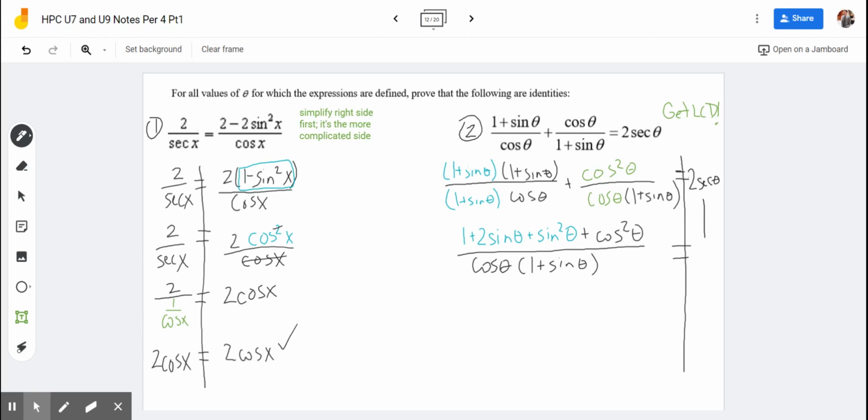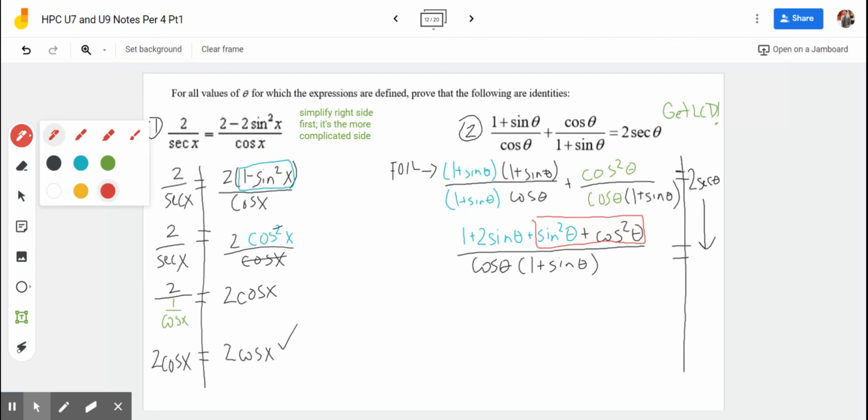I'm just going to draw an arrow from here on down. Now, we FOIL this here. So now sine squared plus cos squared, that is a Pythagorean identity that we can simplify and substitute.